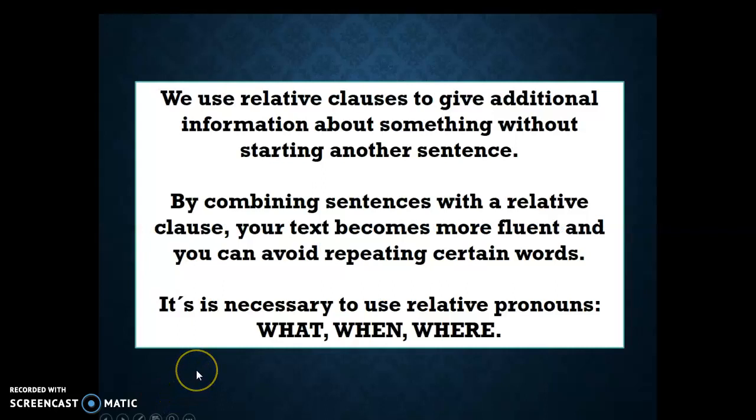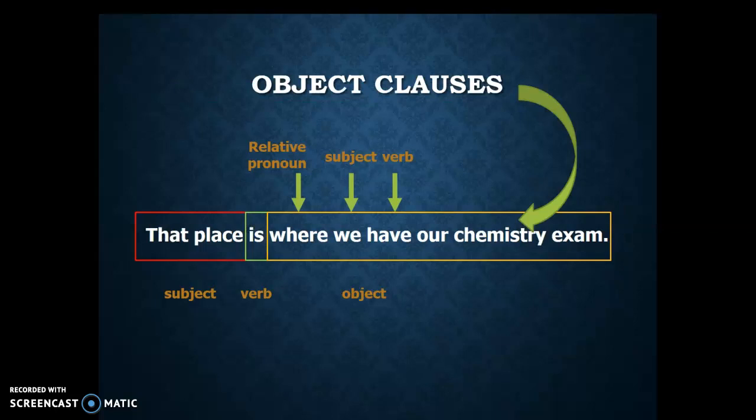We use relative clauses to give additional information about something without starting another sentence, as you can see in our previous example. Here we have only one sentence, and in the object we have the object clause where we are giving extra information about the main subject.